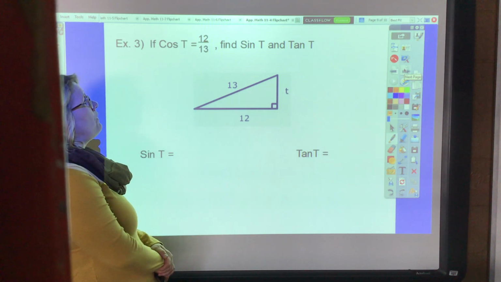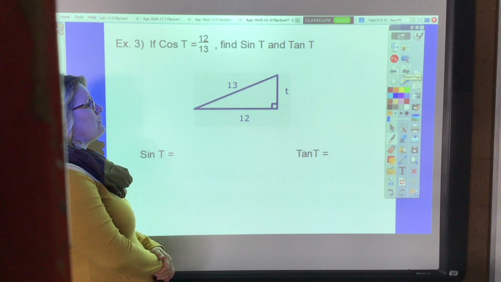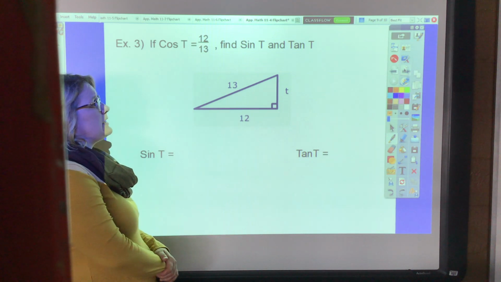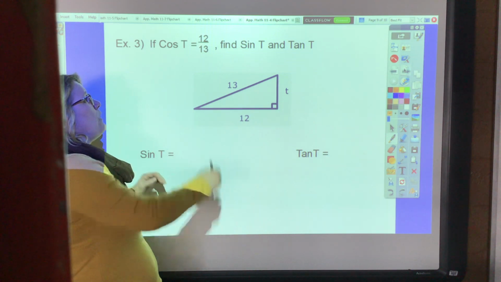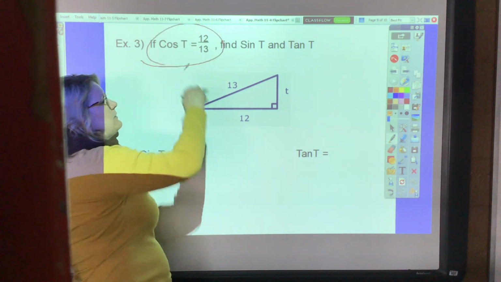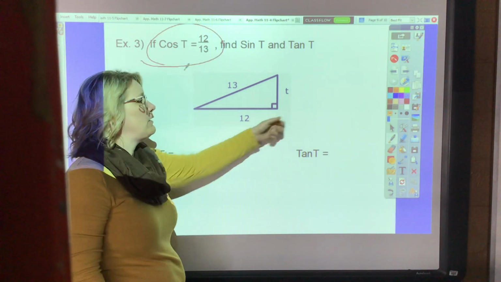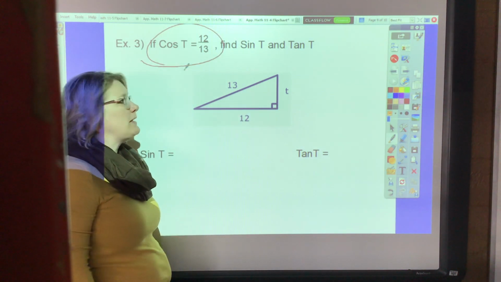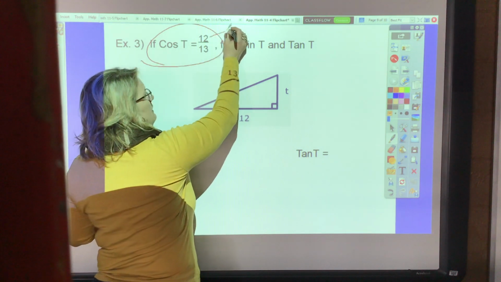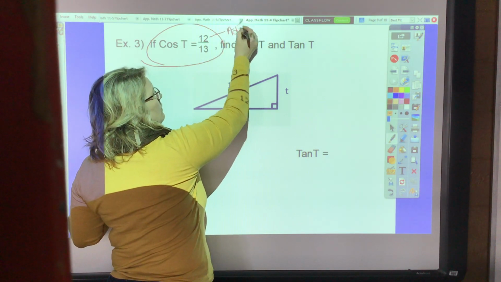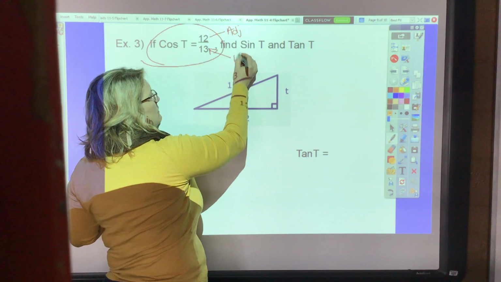Now it says here, if cosine of t equals 12 over 13, find sine of t and tangent of t. Well, what they've done here is they've used this information to fill out a triangle. Remember, cosine is adjacent over hypotenuse.